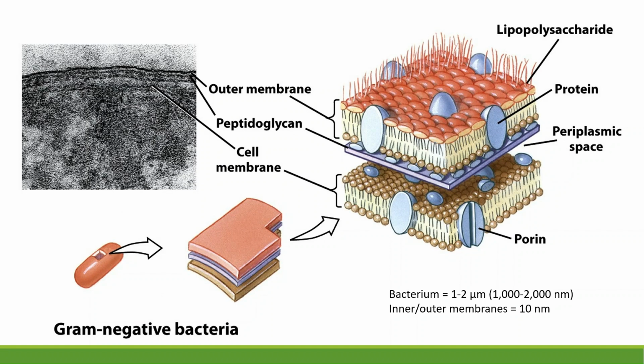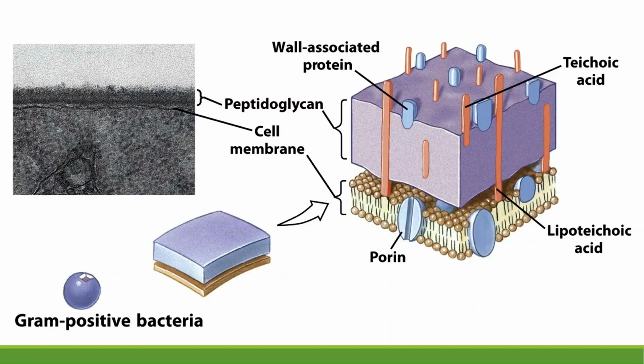The width of the inner membrane or outer membrane is only about 10 nanometers, or 1/100th the width of the bacteria. So very thin. And you can note that the peptidoglycan layer is typically much thinner than we saw in the gram-positive bacterium. By looking in this image here, if I back up, we can see the gram-positive peptidoglycan layer is incredibly thicker.